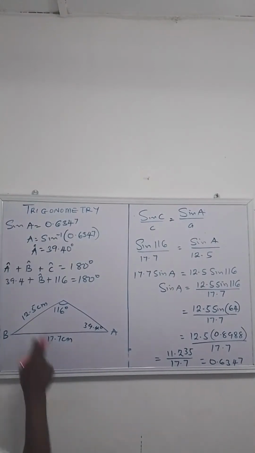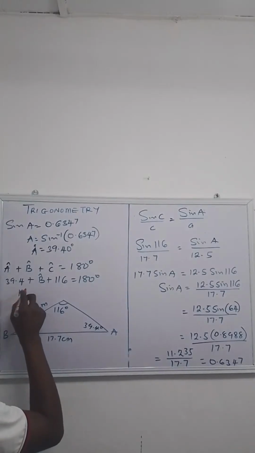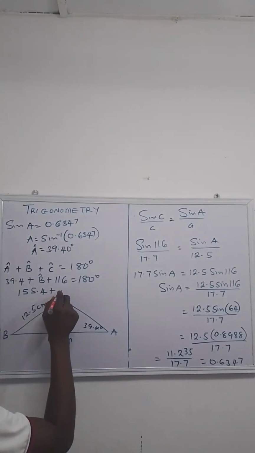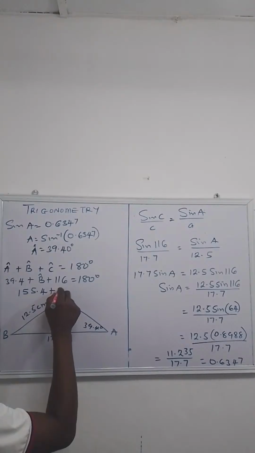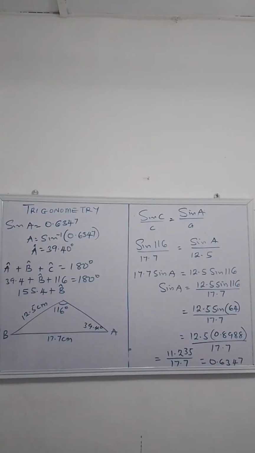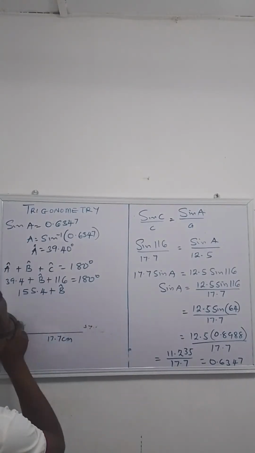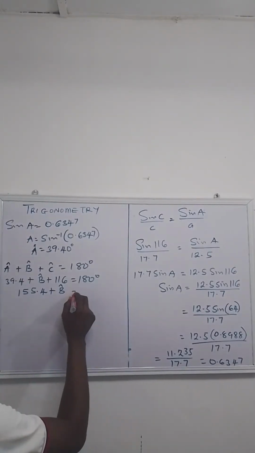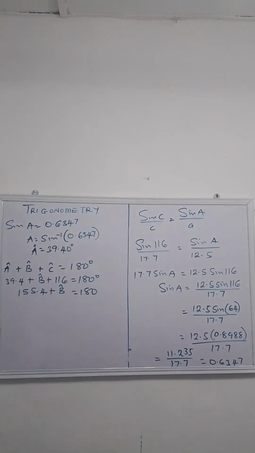Now, can we join this and this together? That's 55.4 plus B equals 180. All right, I hope the addition is correct.